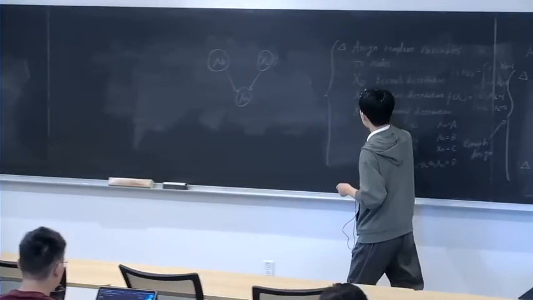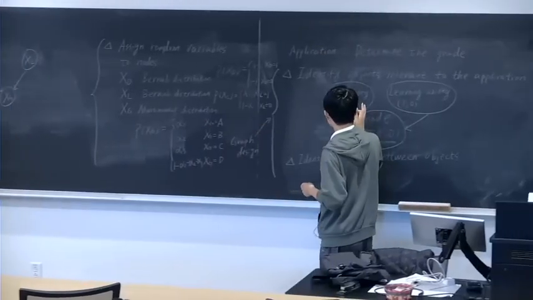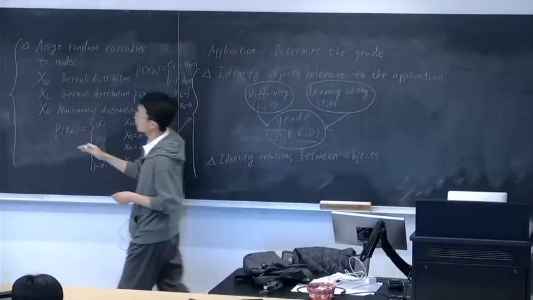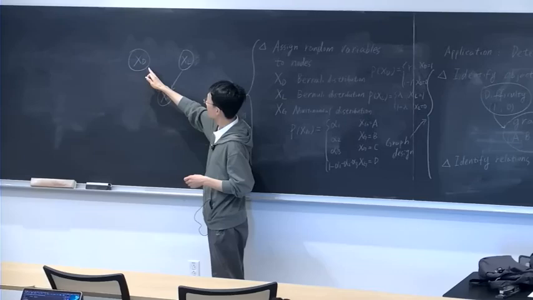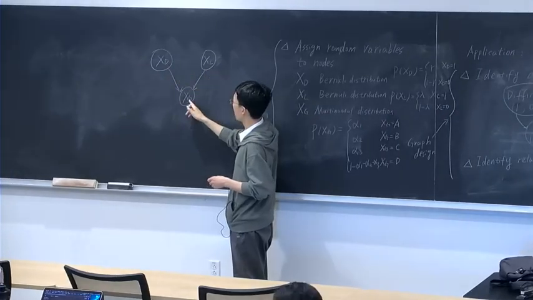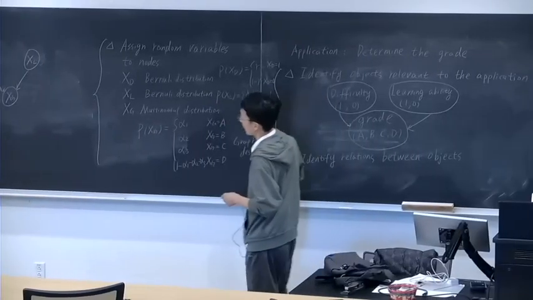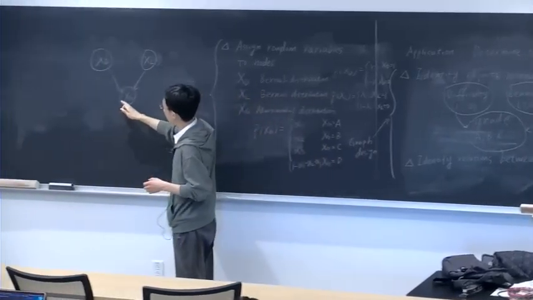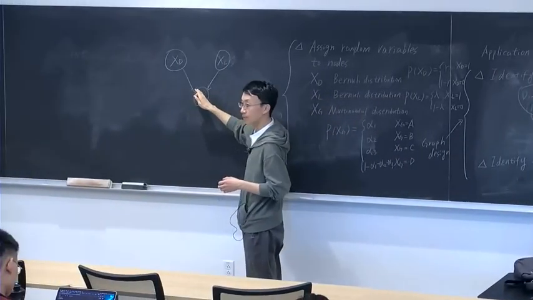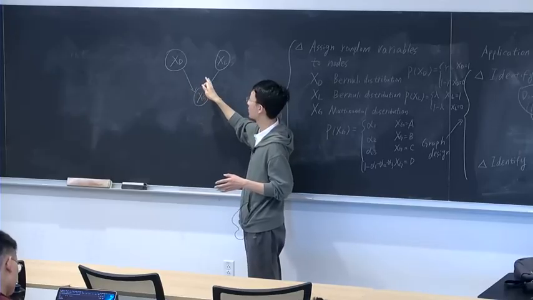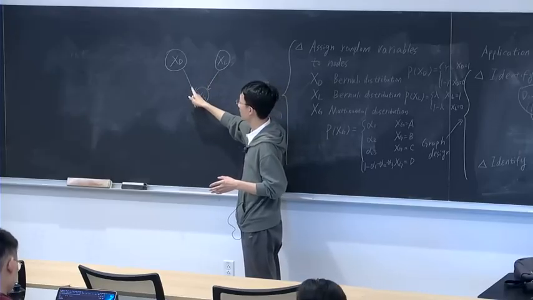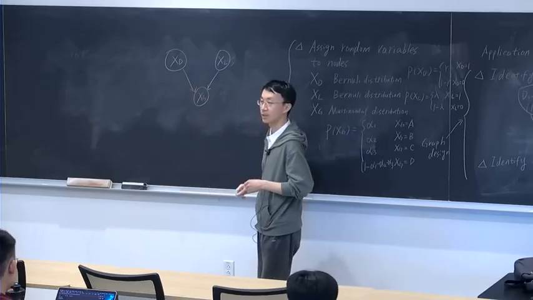We assign a random variable to each node, and the edges remain the same. After doing this, we get this graph of random variables, where on the nodes we have the random variables, and they are connected using edges.